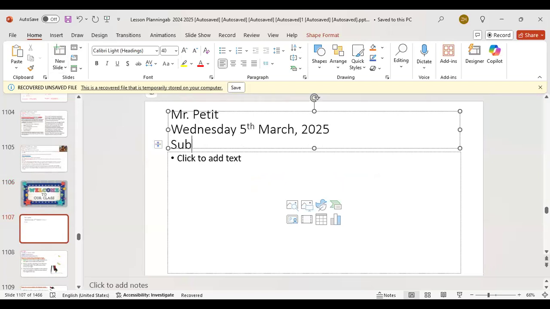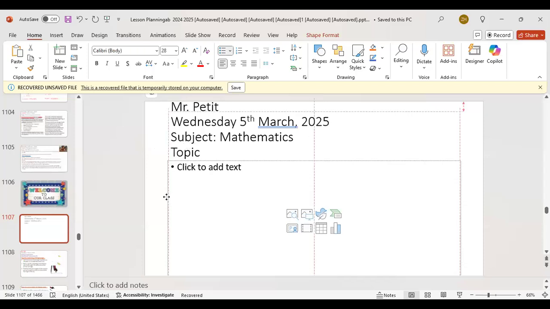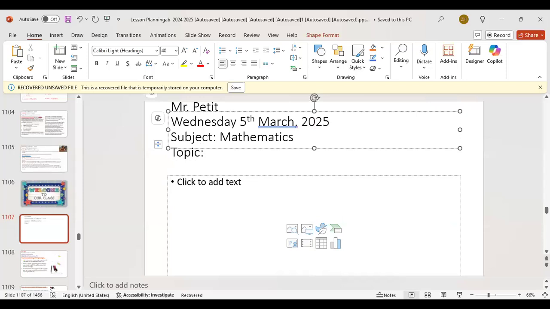The subject is, of course, mathematics. And the topic is geometrical constructions. This is part 2.